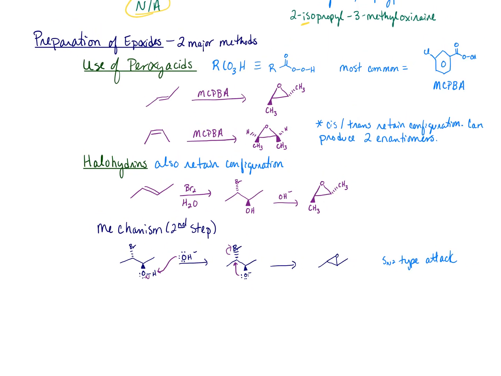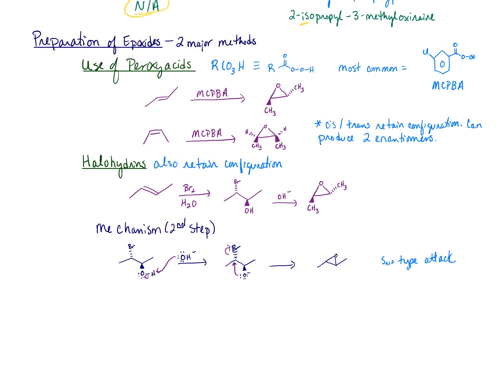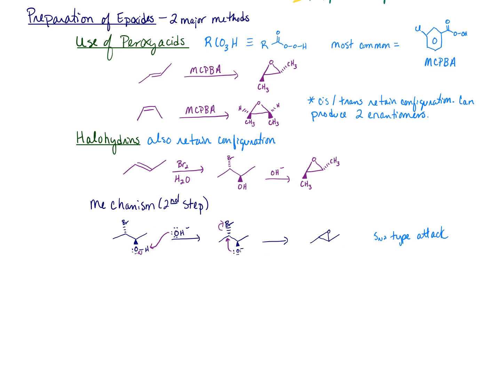Okay, so let's talk about how to prepare epoxides. And then we'll actually start using them and doing ring openings with them next time. When it comes to forming epoxides, there's 2 major ways to do that. We've already looked at one of those, and that is using a peroxy acid.